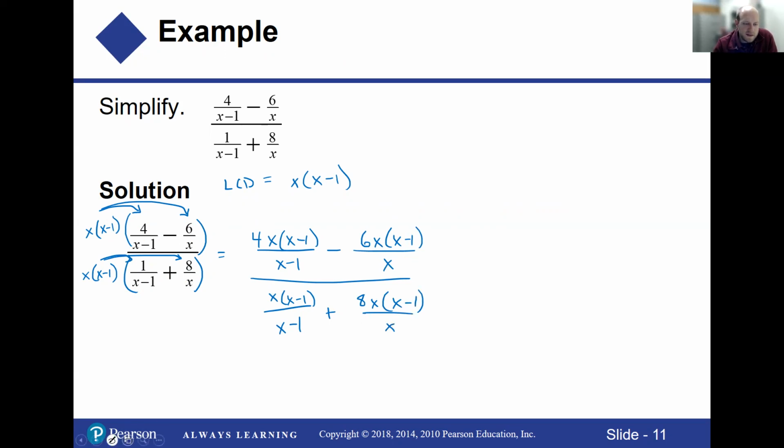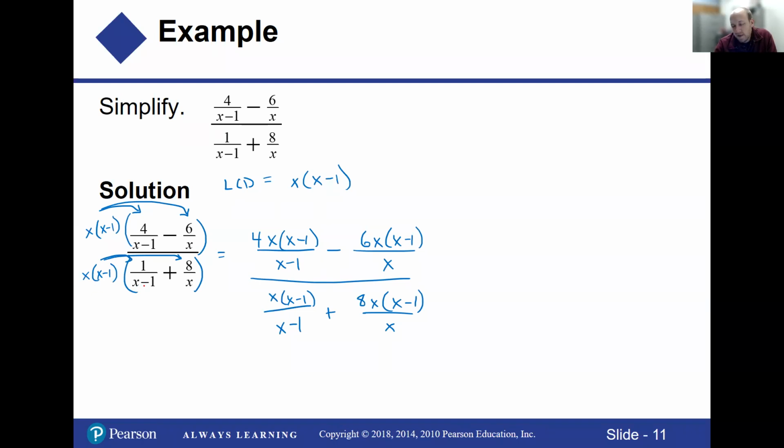Now notice I did not multiply this with the denominators. There's really no reason, because I'm multiplying this as x times x minus 1 over 1, so the denominator is just getting multiplied by 1. So I'm not really doing anything with that. Same thing down here, this is x times x minus 1 over 1.